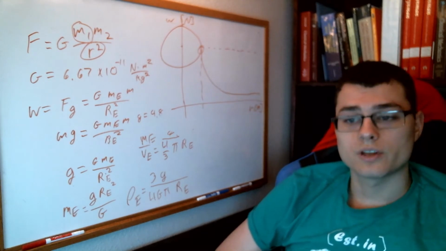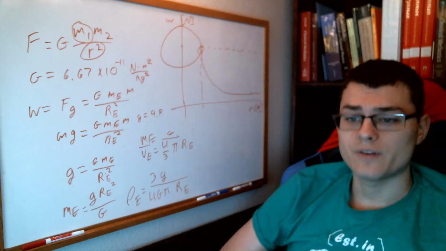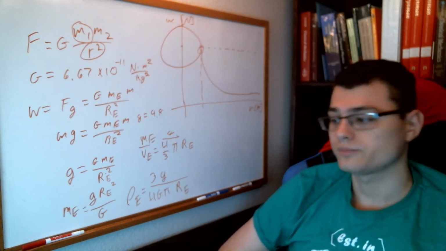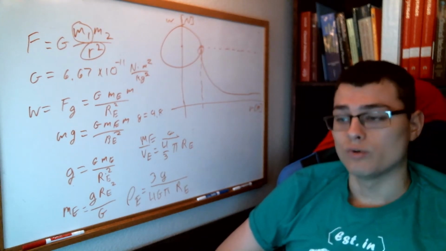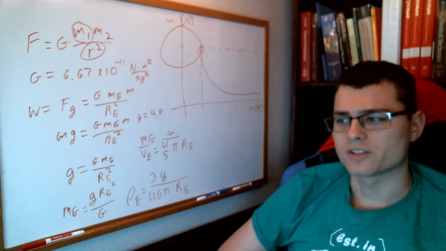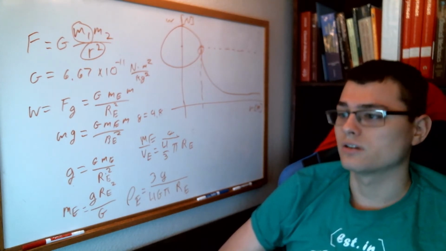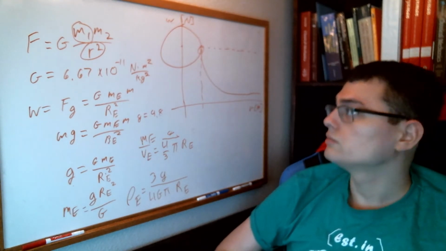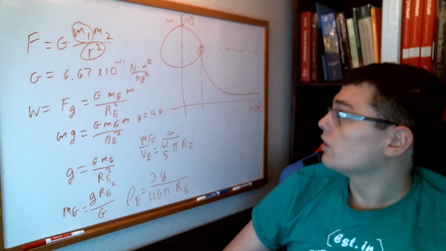So things change obviously when you get objects that are extremely massive, even more massive than the Earth, and then the Earth becomes what we are to the Earth, if that makes sense. So if we're talking about the mass of the sun, the sun is orders of magnitude more massive than our little blue rock that we call home.